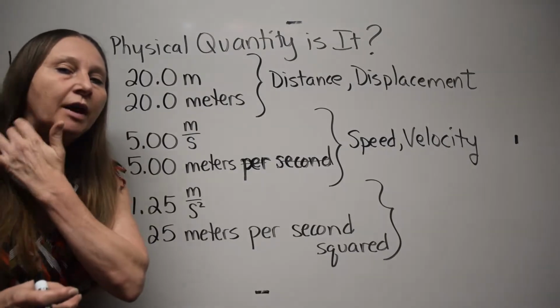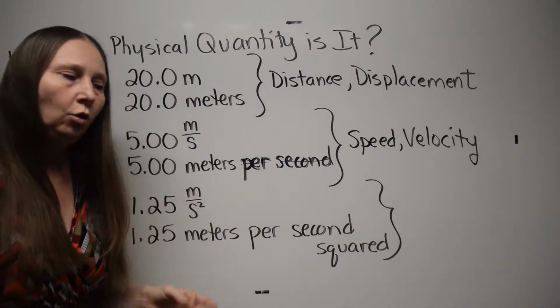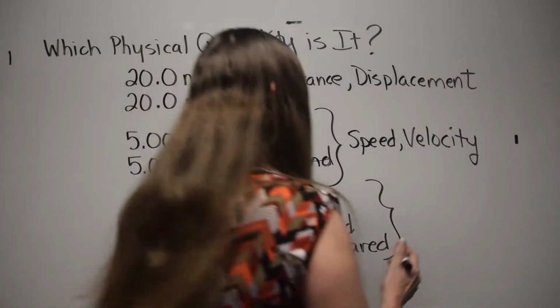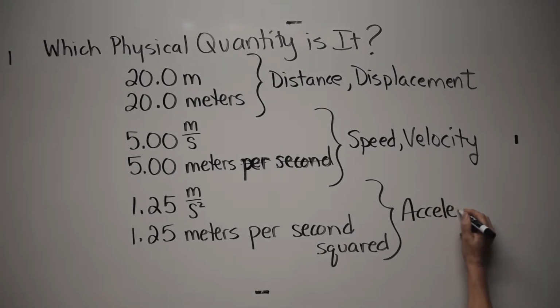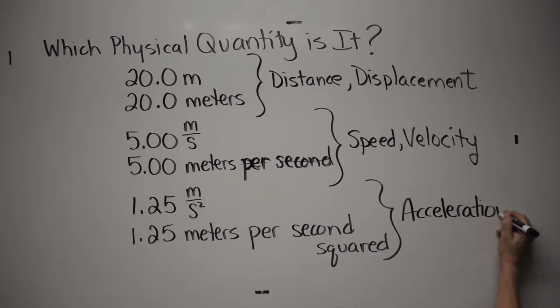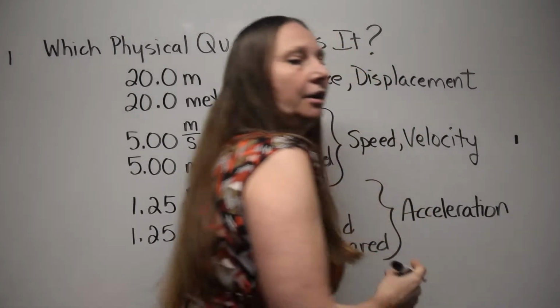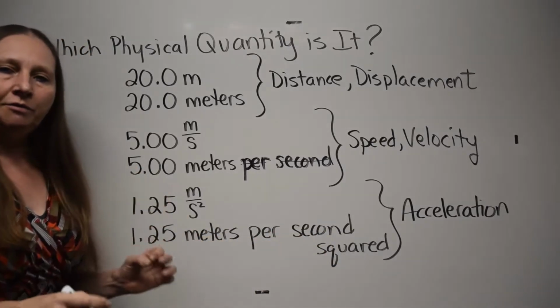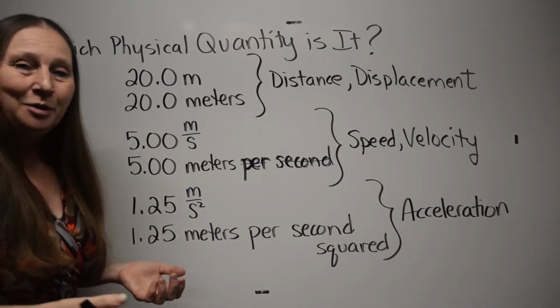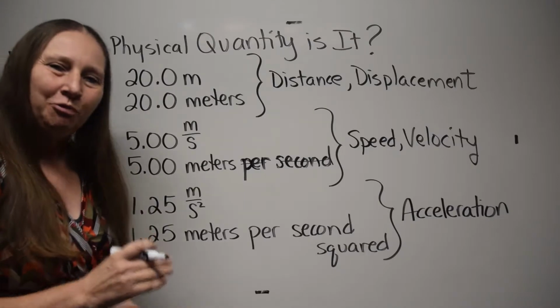You have to be very careful to read the whole phrase. This, meters per second squared, would be an acceleration. So please read the problems very, very carefully. Read the units very, very carefully, or there'll be mistakes. All right? Just read carefully.